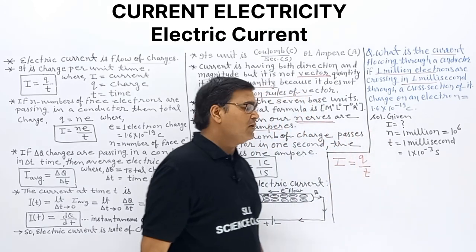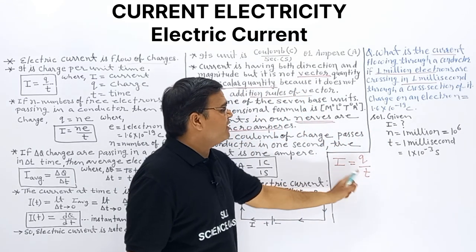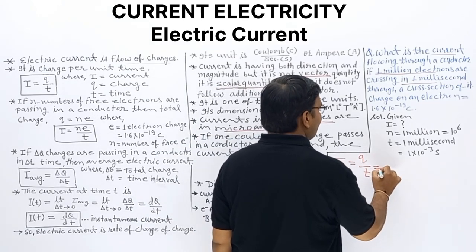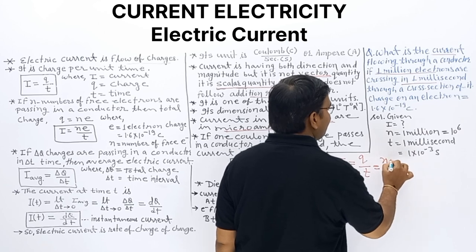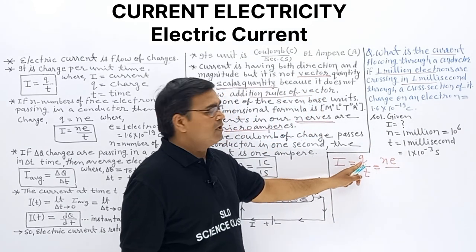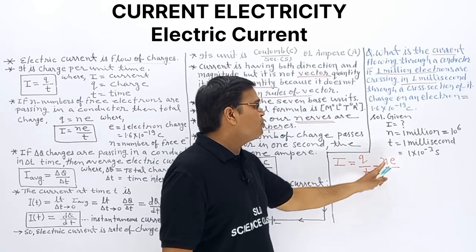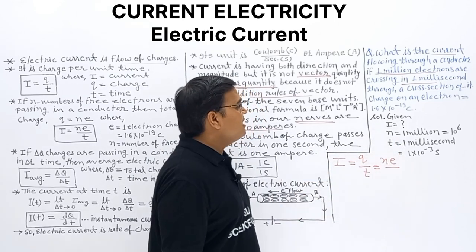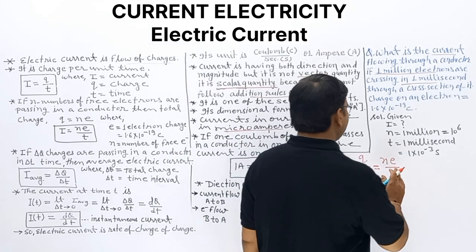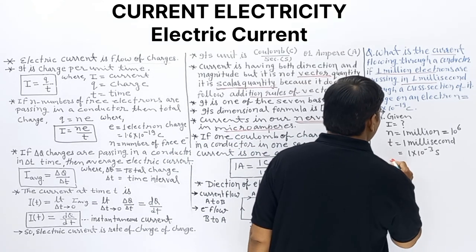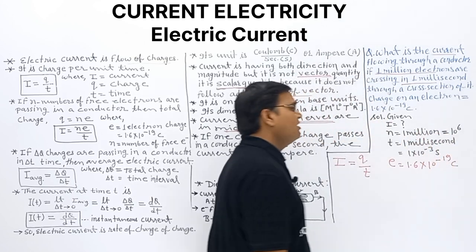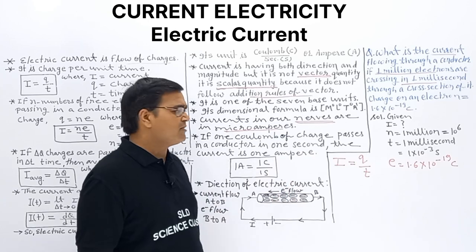For finding the charge, if the number of free electrons is given, the total charge will be n times e, where e is 1.6 into 10 to the power minus 19 coulomb. This is a standard value.